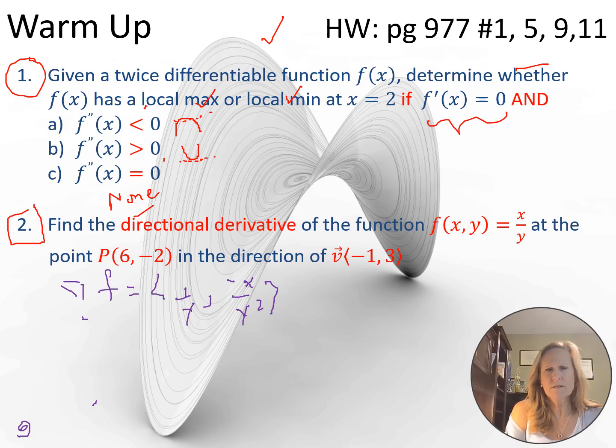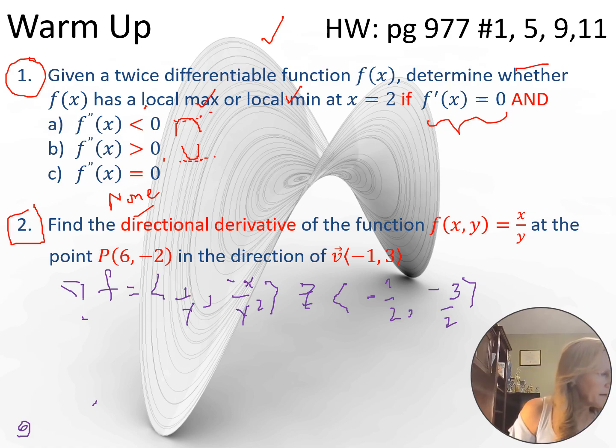And at my point (6, -2), what is that? -1/2 and -3/2. I think if I do that math right, let me check my notes. Yep, that's what I have.